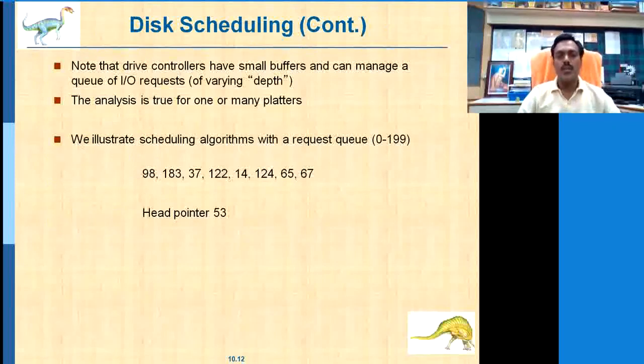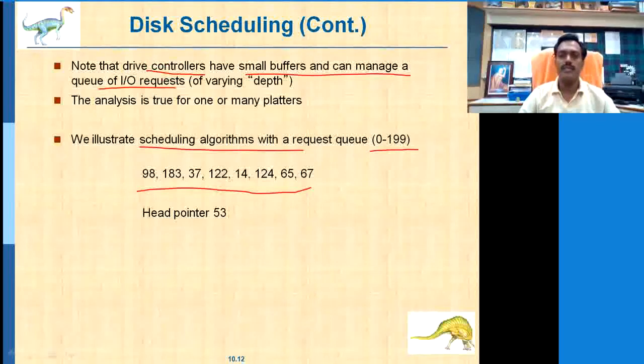Now note that each drive controller has small buffers and can manage a queue of IO requests. And this analysis is true for one or more platters in the hard disk. Scheduling algorithm with request queue 98, 183, 37, 122, 14, 124, 65 and 67.